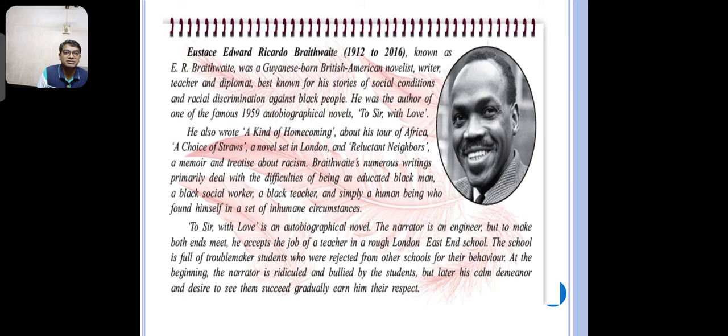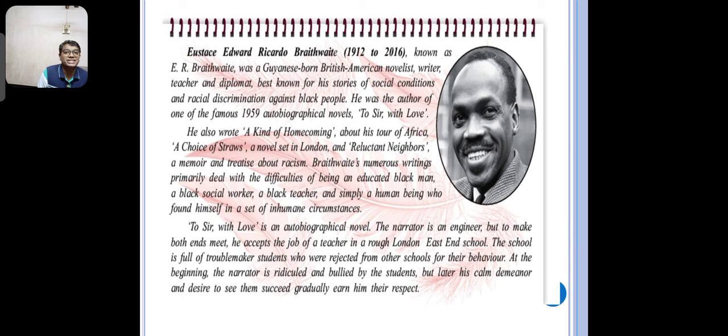He is best known for his stories of social conditions and racial discrimination against black people. Basically, his writing deals with these severe things. He talked about social values, social conditions, and social problems. Now we know that there is a long battle between black and white, the racism we find in European countries and particularly in America.